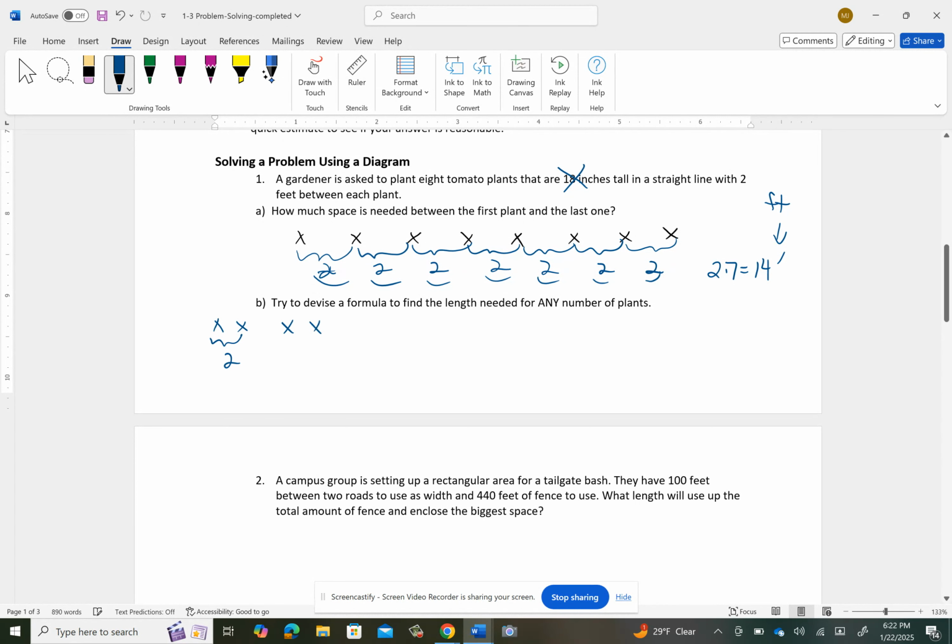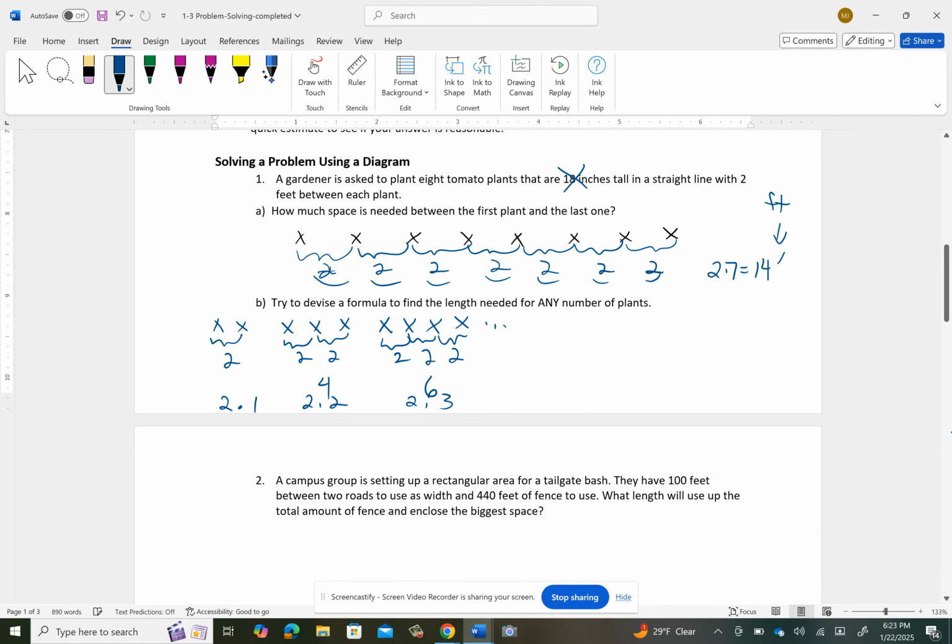If we had 3 plants, then we would need 4 feet. 4 plants, we would need 6 feet. Do you notice how, if there's 4 plants, we only have 3 2s, giving us the 6. So this is like 2 times 1, this is 2 times 2, this is 2 times 3.